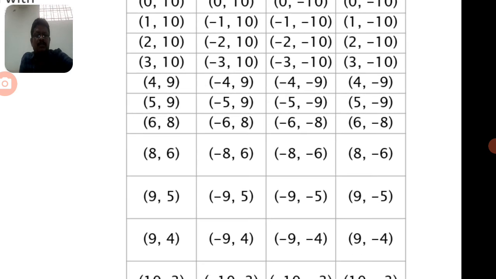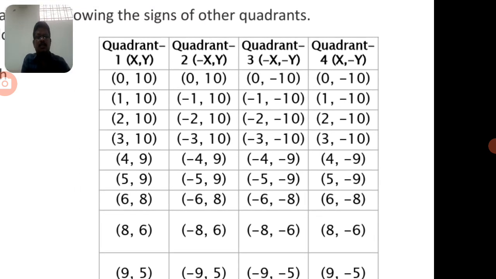So now we are going to derive quadrant 1, quadrant 2, quadrant 3 and quadrant 4, which includes the total 8 octant elements, formed like this. Once one quadrant's elements are derived, automatically we can take the position of the second quadrant as minus x comma y, the third quadrant as minus x minus y, and the fourth quadrant as x comma minus y.